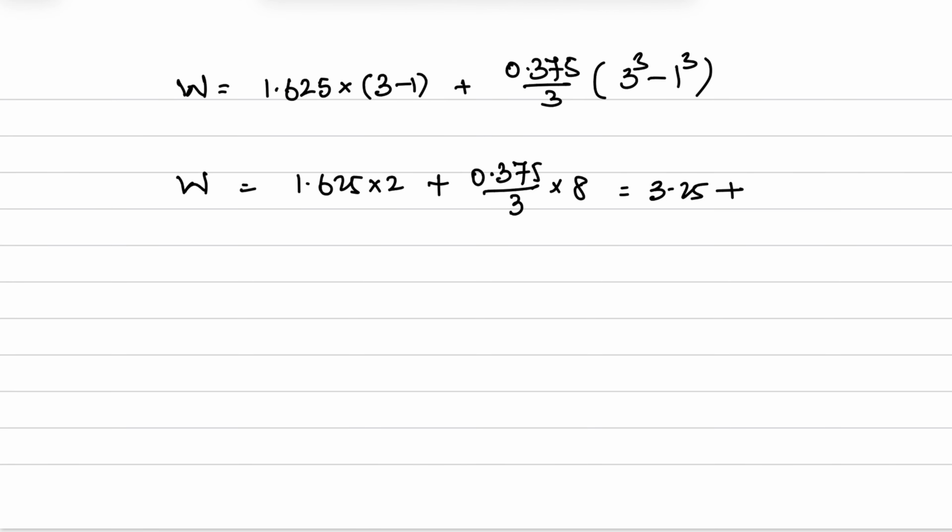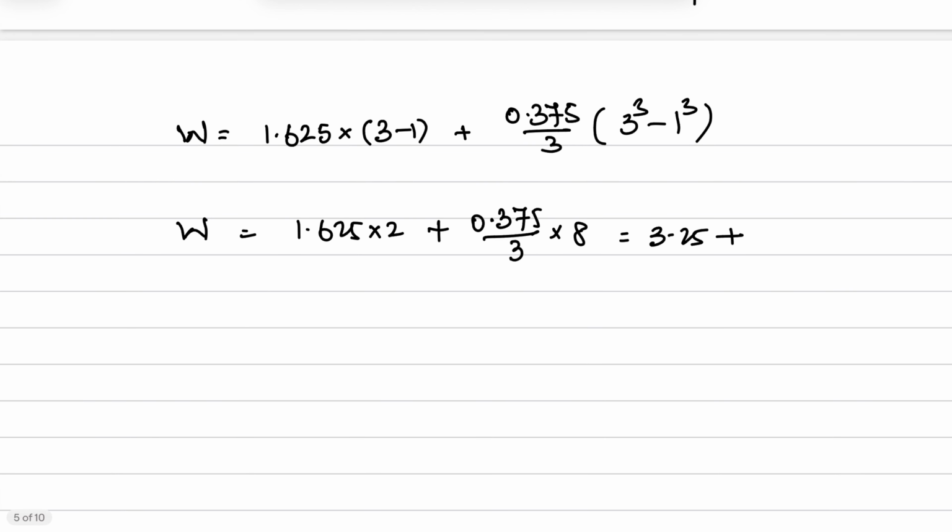Very simple calculation, a little bit of arithmetic. 0.375 divided by 3 into 8, that is 1. Three cube is 27.